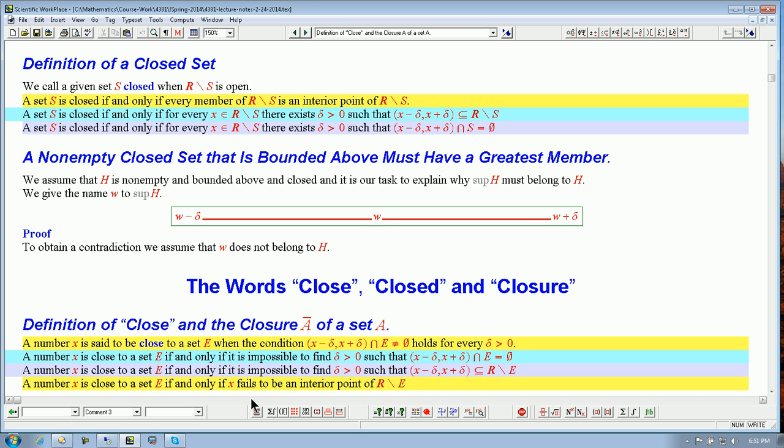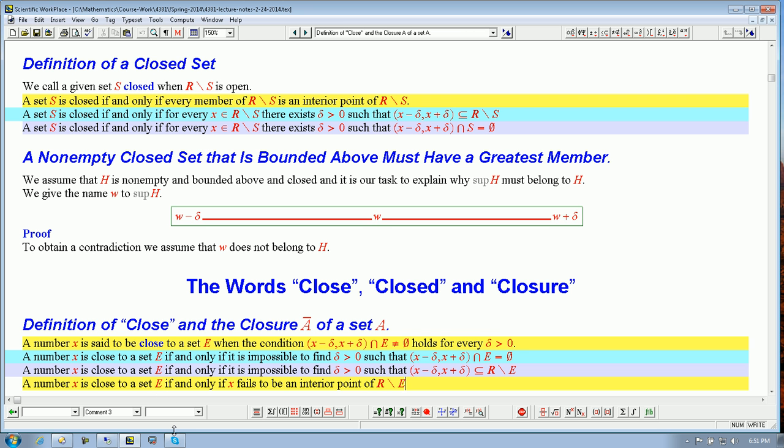You understand? The numbers that are close to E are the numbers that are not interior points of the complement of E. Read this. A number x is close to E if it's not far away. Now, what should far away mean?